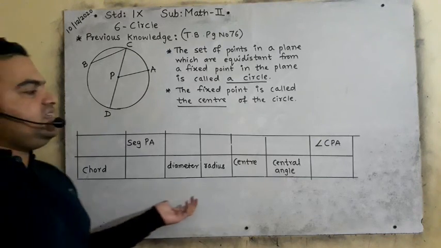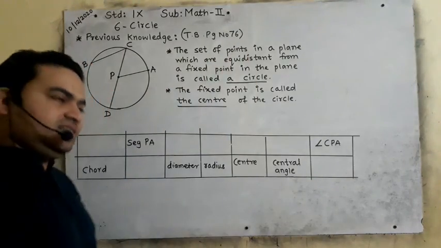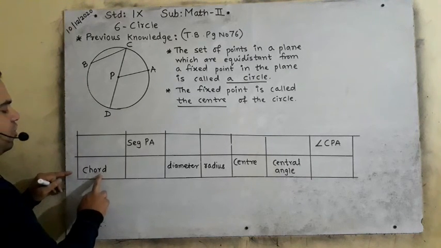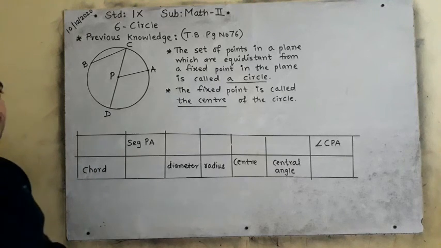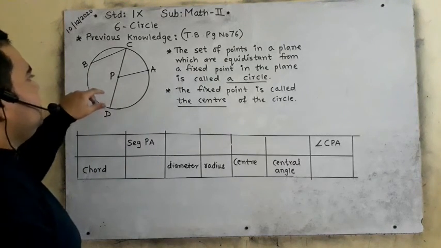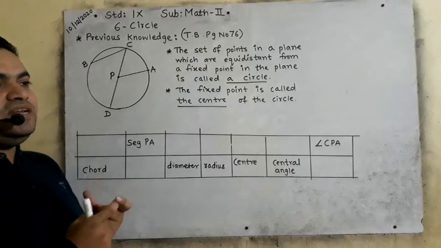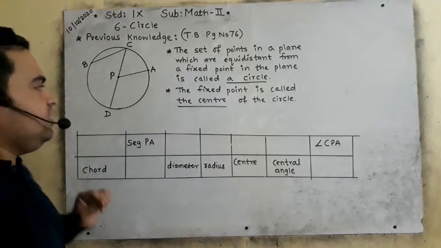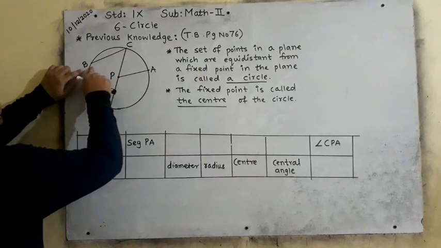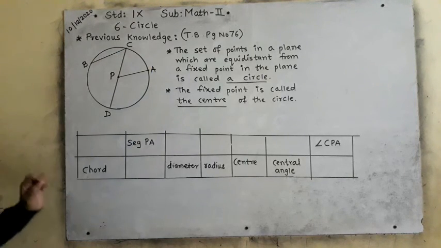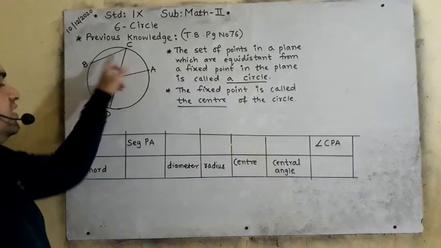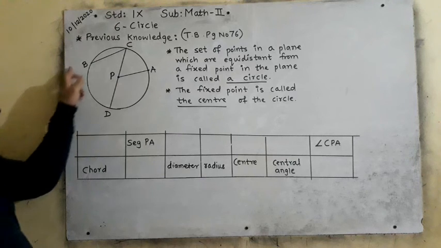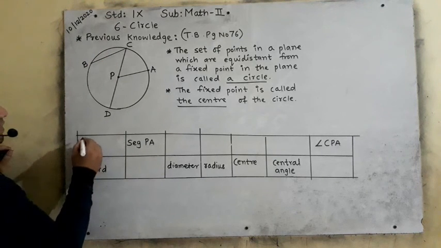Now this activity is given on textbook page number 76. We have to answer it. The first column is chord. What is the meaning of chord? A segment joining one point of a circle to another point of the circle. Here point B and point C are joined to each other, so segment BC is the chord.